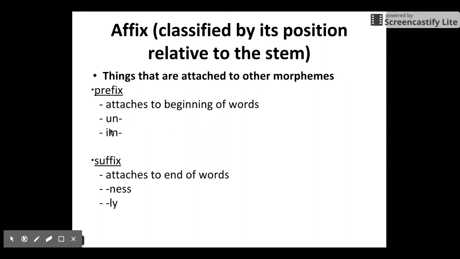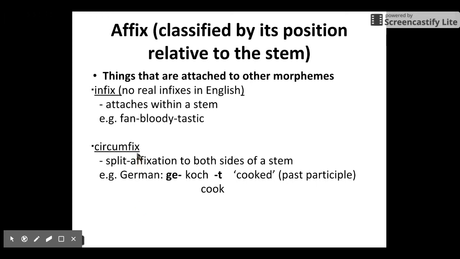If an affix is attaching to the beginning of words, then it's called prefix, as in unhappy, in as in impossible. Or an affix can attach to the end of words, like happiness, happily, right? And sometimes the affix can attach within a stem, in the middle of a stem.